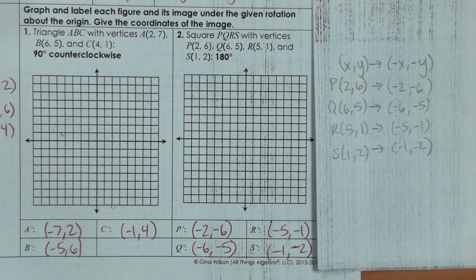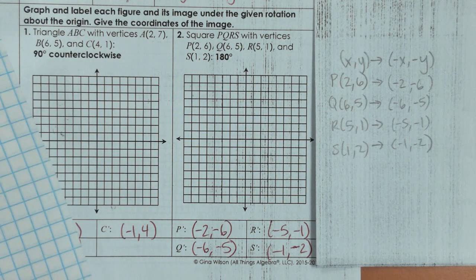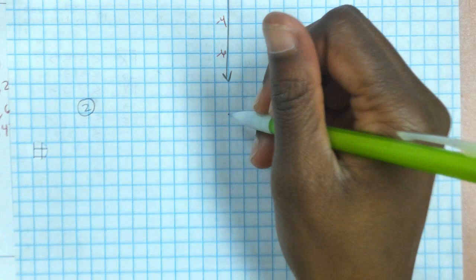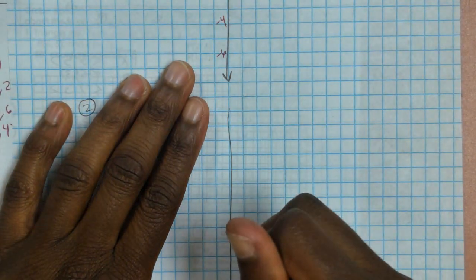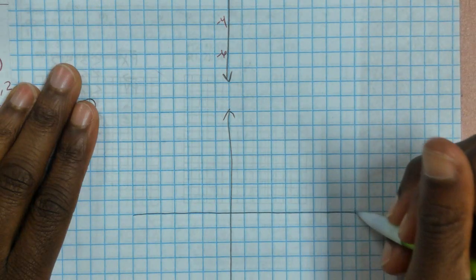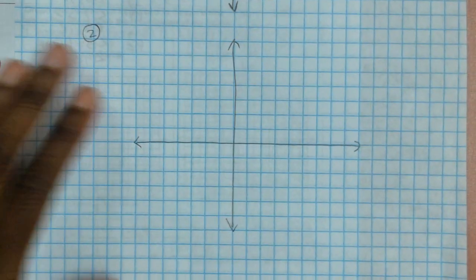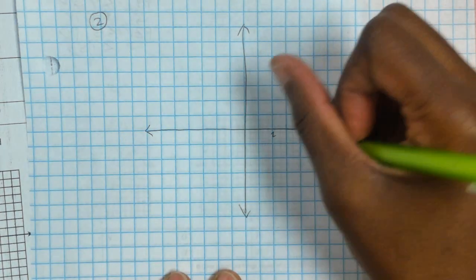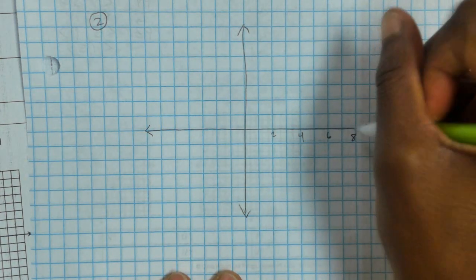Okay. So if I plot these and do the same problem but with the turning of the paper, I can figure out my answers and just check to make sure I did this correctly. So I'm going to rewrite the coordinates so you can pause it and do this on yours.